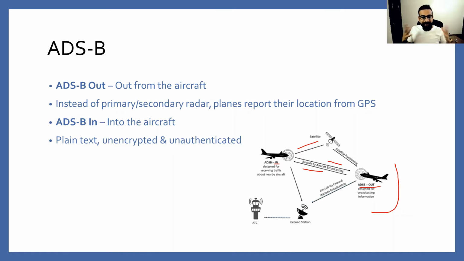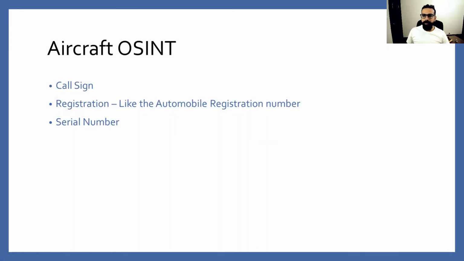This is really dangerous. ADS-B spoofing has been demonstrated before. I will share the links in the description. You should check the spoofing. While staying on the ground, a hacker can act like an aircraft and broadcast false information to misguide or simply create chaos.